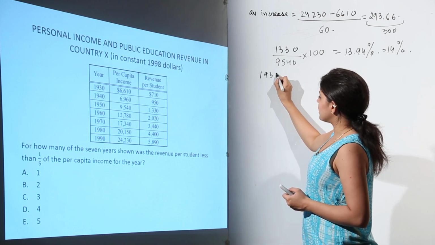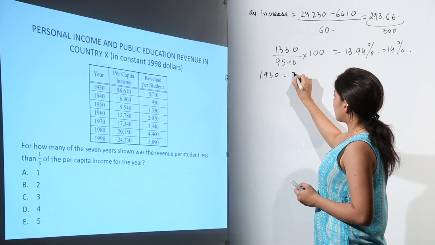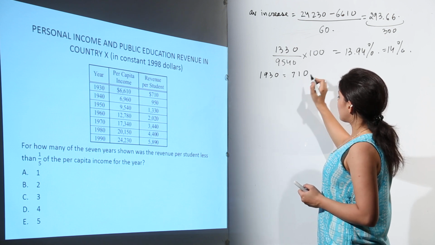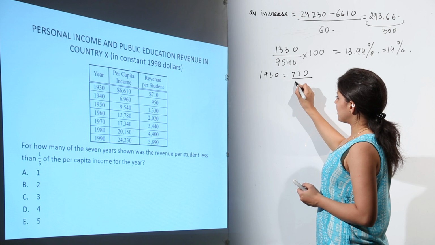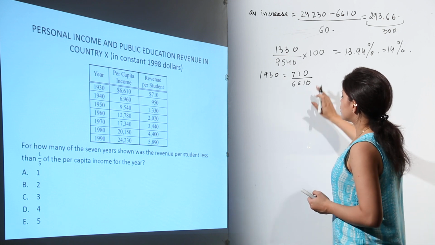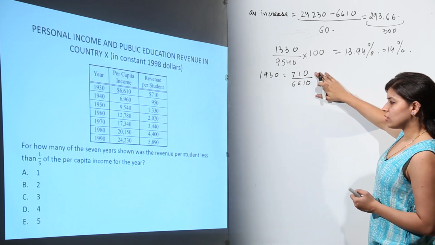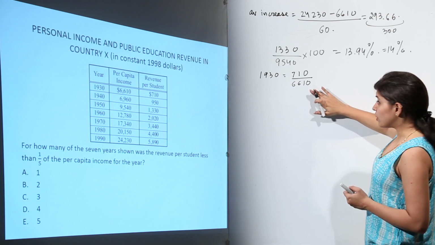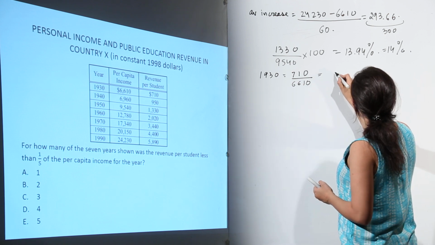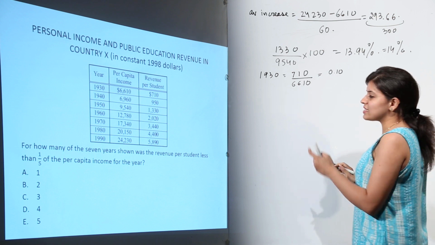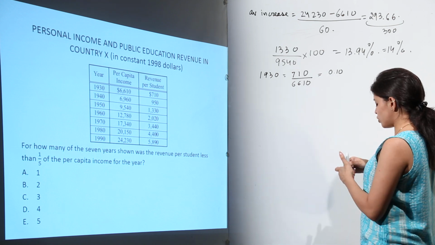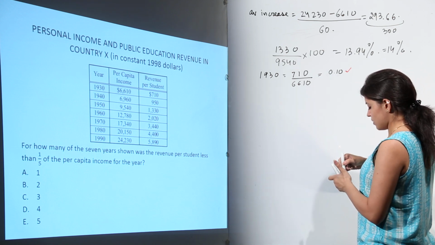For 1930, the per capita income is 6610, so revenue as a fraction of per capita income in this case will be 0.10, which is less than 1/5, that is 0.2. So, yes, this will be an answer.